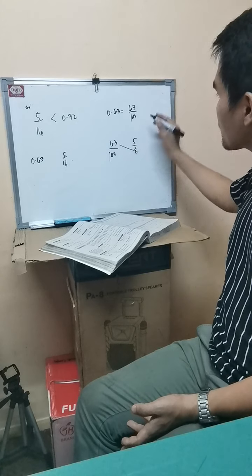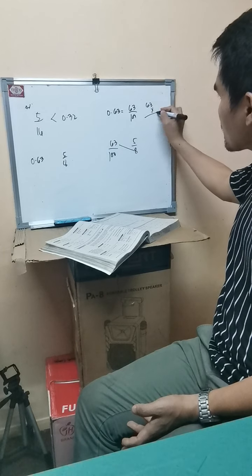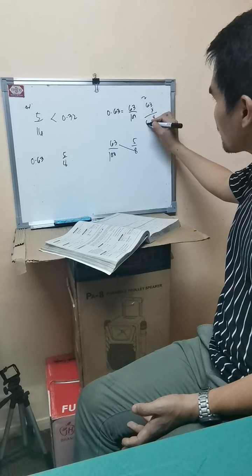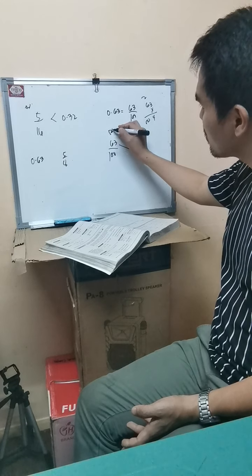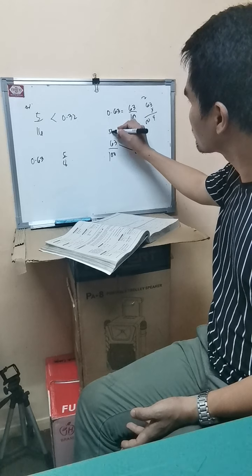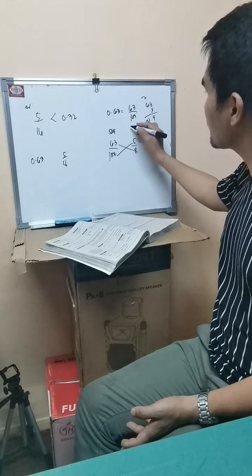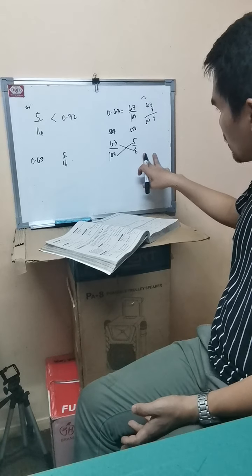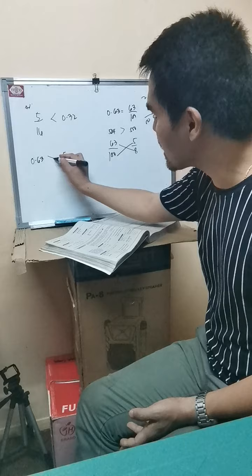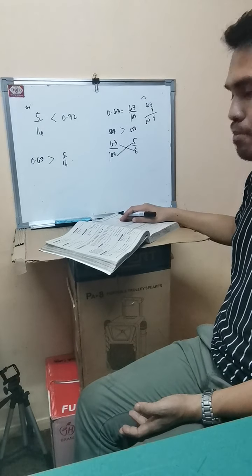Cross product: 63 times 8 is 504. And then 5 times 100 is 500. So clearly 504 is greater than 500. Therefore 0.63 here is greater than 5/8.